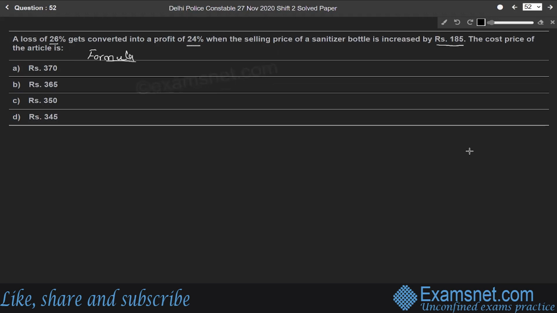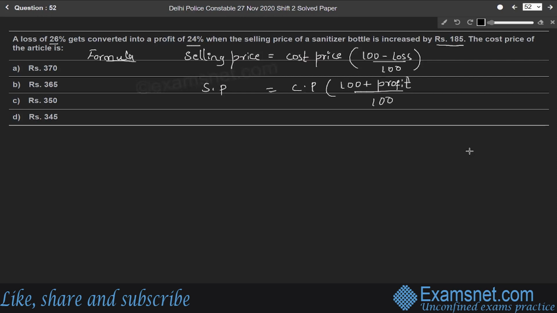Selling price is equal to cost price into 100 minus loss divided by 100 in case of loss. In case of profit, selling price is equal to cost price into 100 plus profit divided by 100. Right. So calculation.